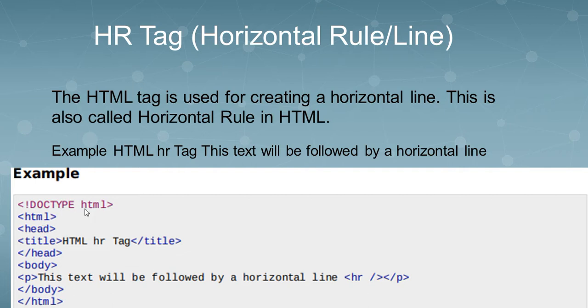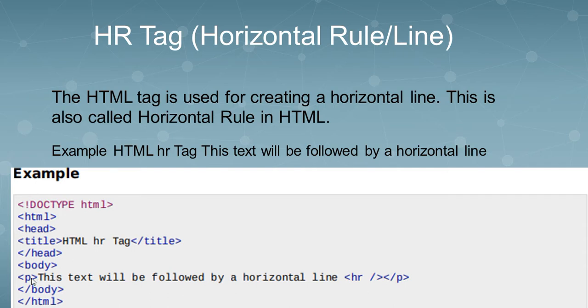Here you can see a doctype HTML. It shows the browser which type of file it actually is. HTML open, head open, title. Within the title I have typed a particular title, that is HTML HR tag, title close, head close. Within body I have used a particular paragraph.